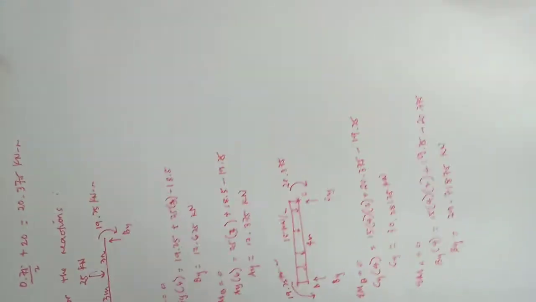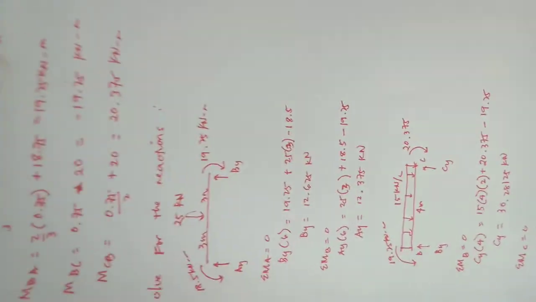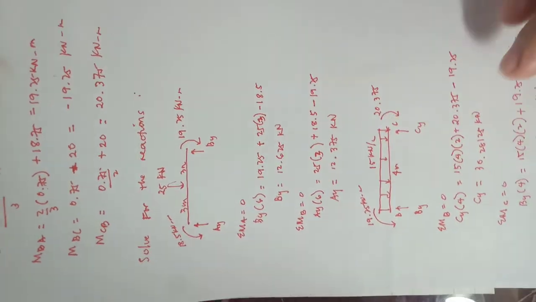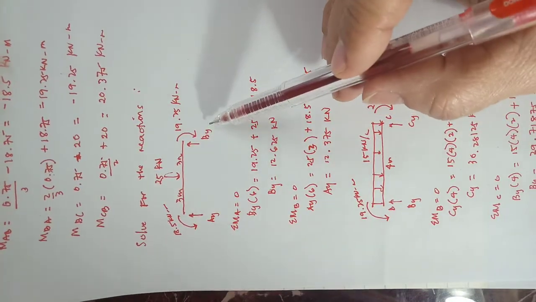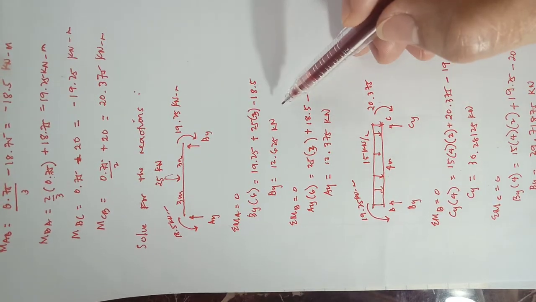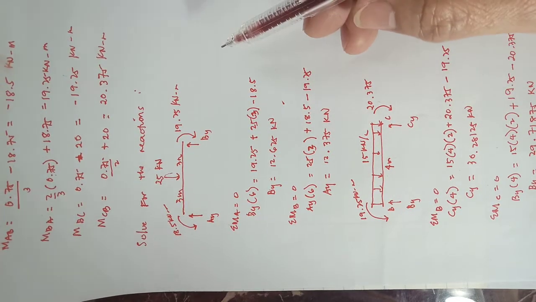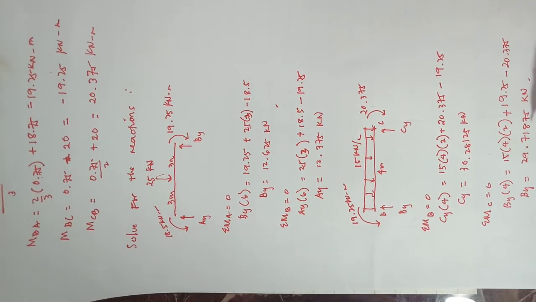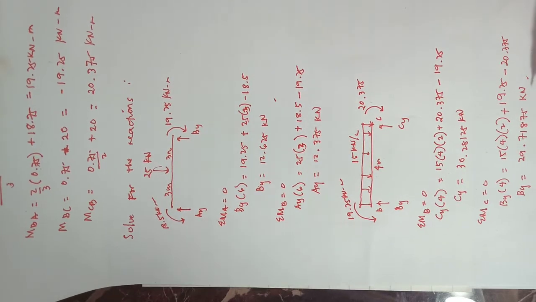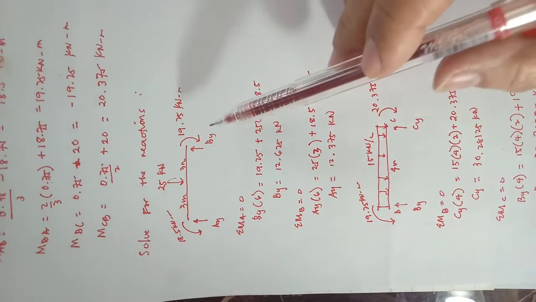Now, there is a joint B. Duha man na member, nag-connect. So, BA o BC. So, ang imong BY on member AB is 12.625. Ang imong BY on member BC is 29.71875.